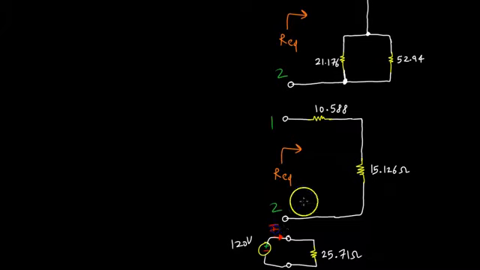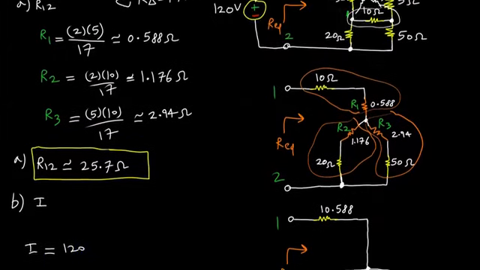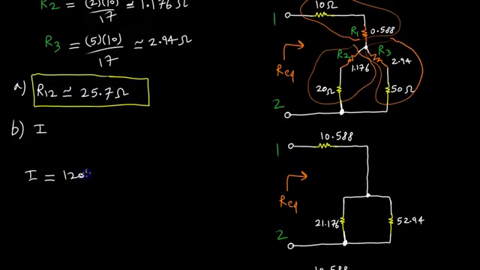So it's just Ohm's law, which indicates that I is equal to 120 volts divided by 25.7, and that is going to give us roughly 4.67 amps. That is going to be our final answer there.